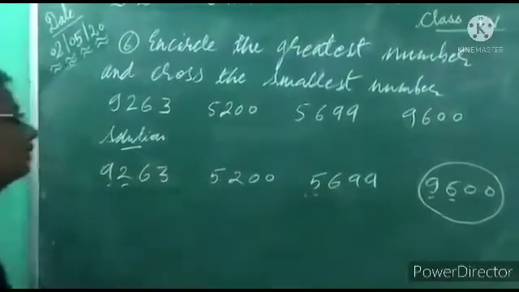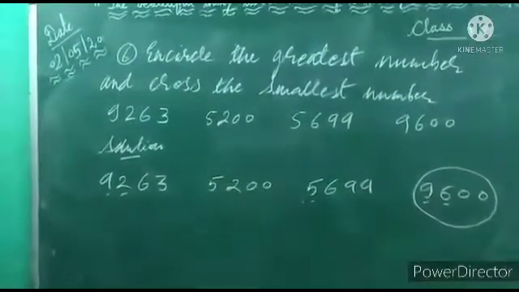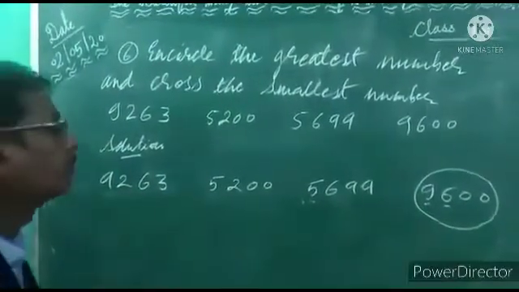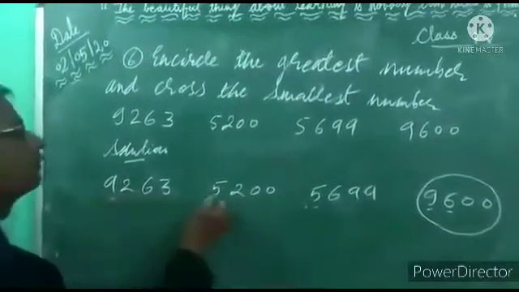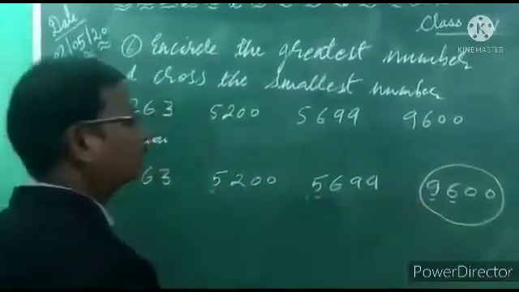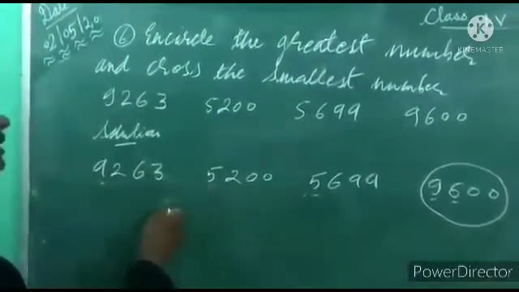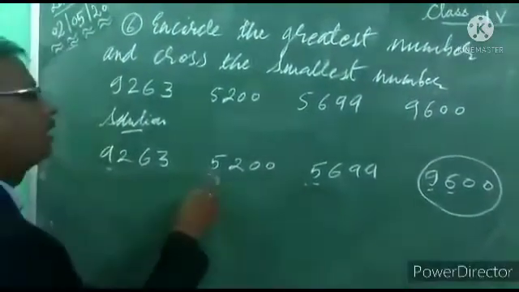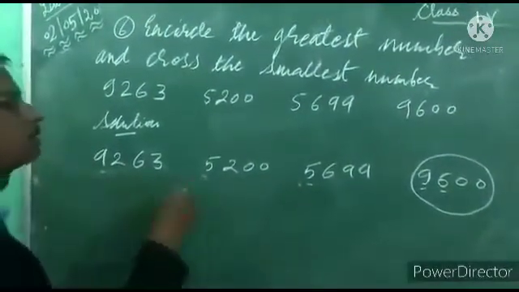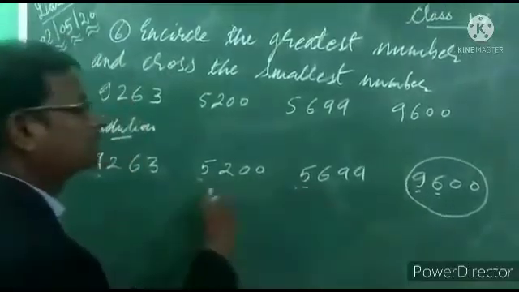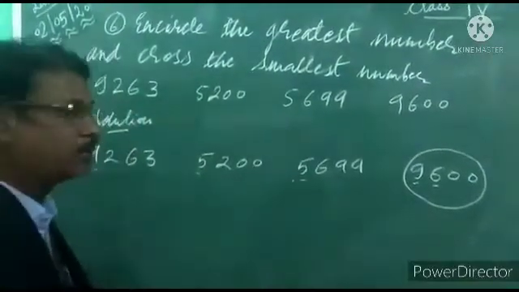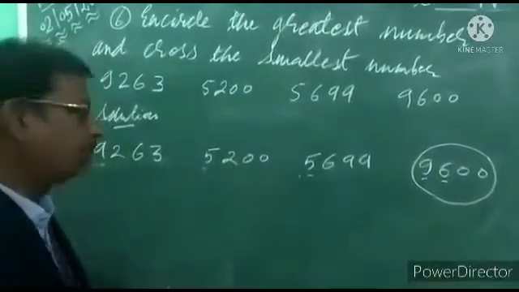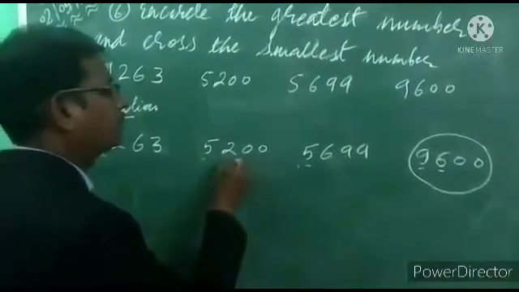Now among these four numbers, which number is smallest? We have to search for that. Look, the 9, 9 are already done. Now among these three numbers we will select the smallest. 5, 5 and 9: 9 is greater, so leave that one. Now between these two numbers, 5 and 5, we have to select which is smaller. In the thousands place both are the same, so compare the hundreds place.